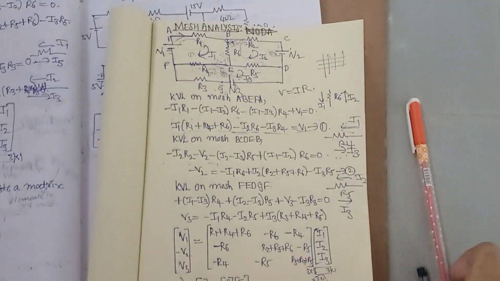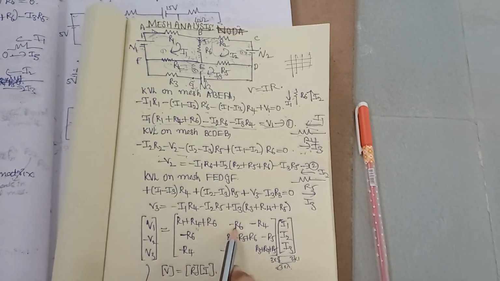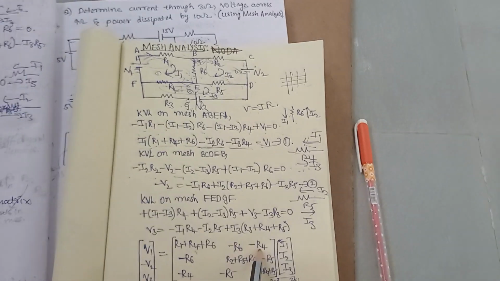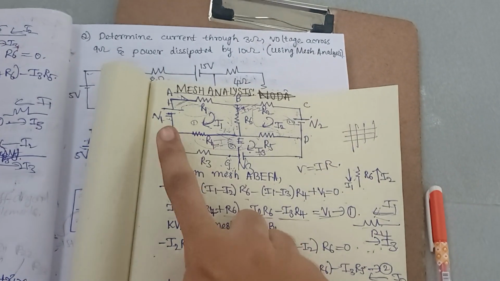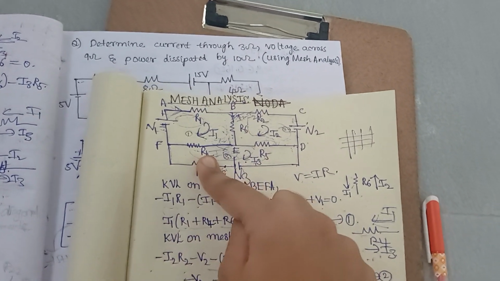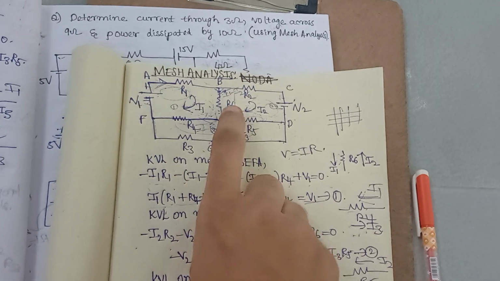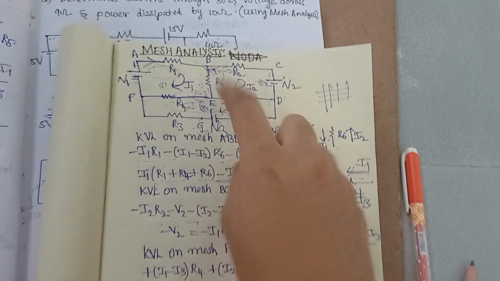Normally in a matrix we represent this as A11, this as A12, and this as A13, right? For A11, you have to consider mesh 1 and add the resistances involved in mesh 1. What are the resistances involved in mesh 1? That is R1 plus R4 plus R6.